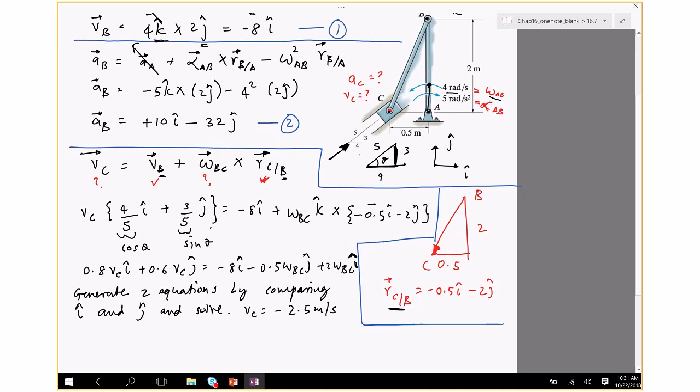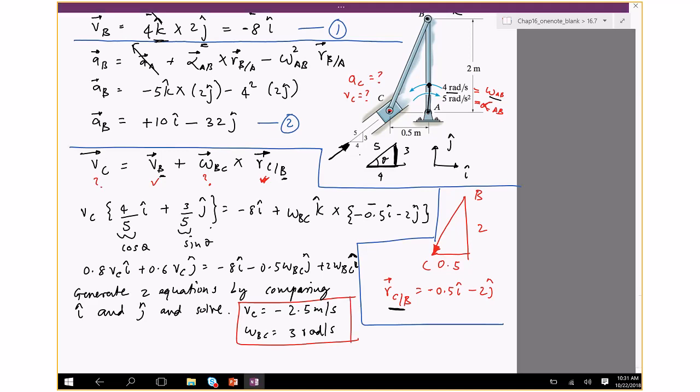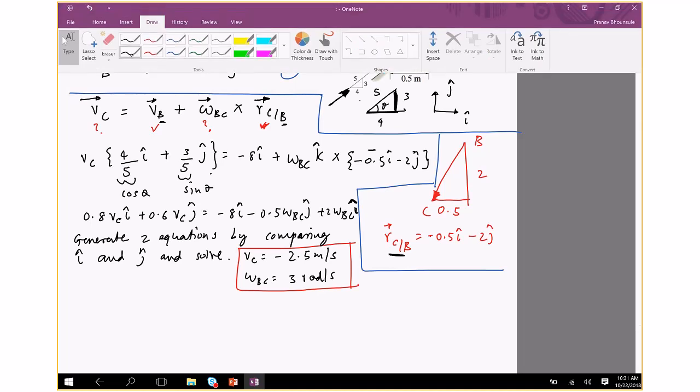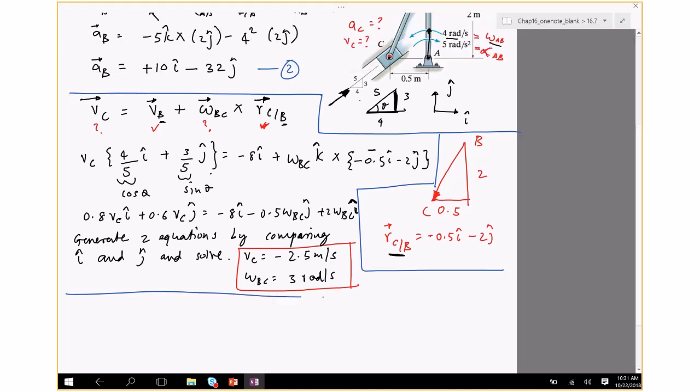VC is minus 2.5 and omega BC is 3 radians per second. That is in the right direction, I assume, so it's counterclockwise. So that helps me solve for VC.